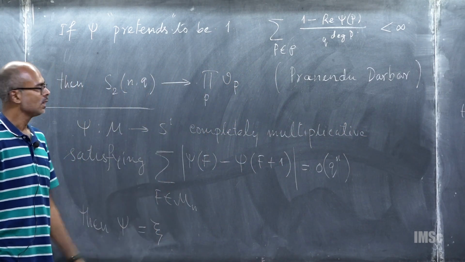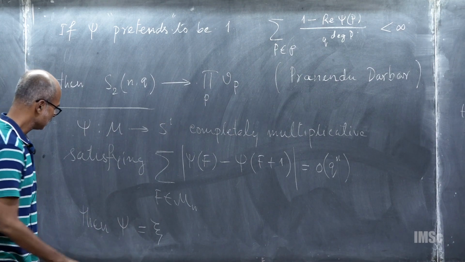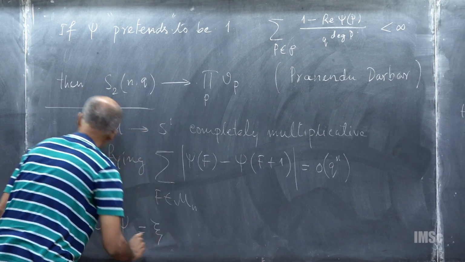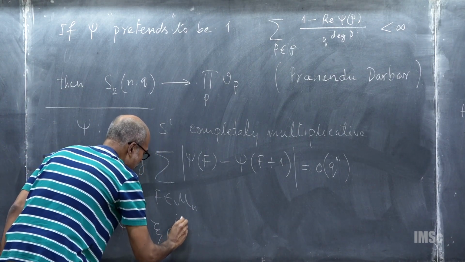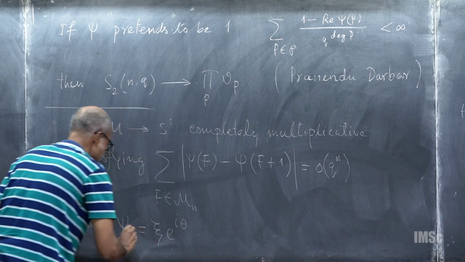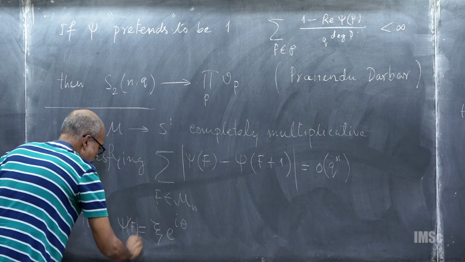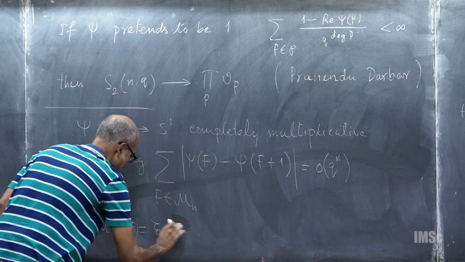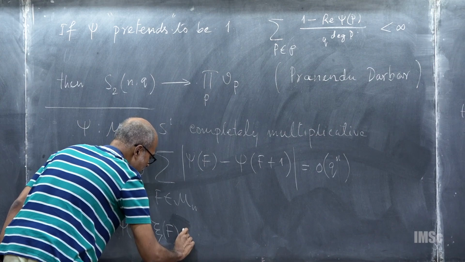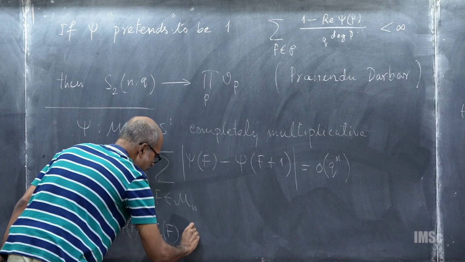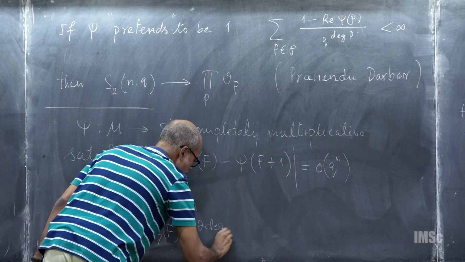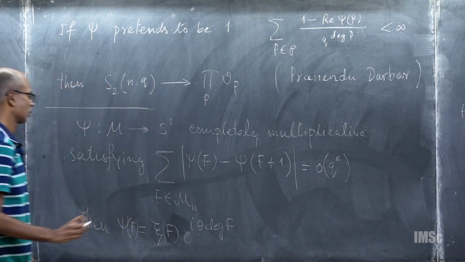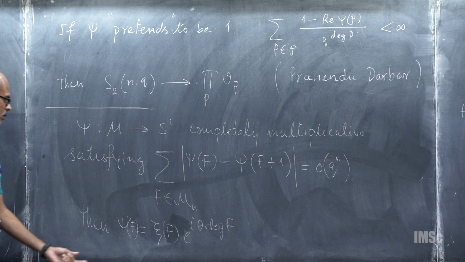So some analog of Dirichlet character for function fields, times n to the it. Now n to the it is replaced by e to the i theta times the degree of f, an angle, for some theta between 0 and 1.